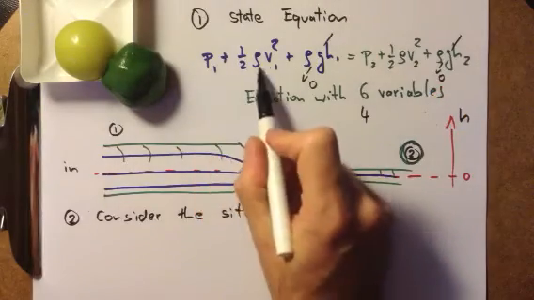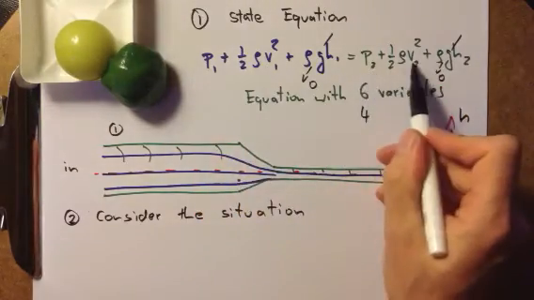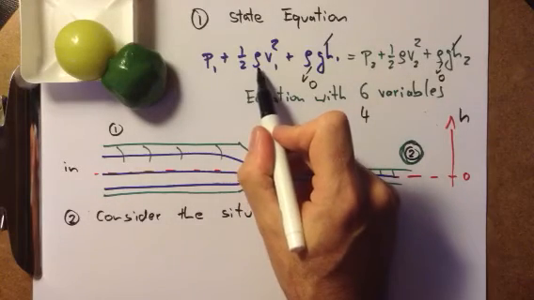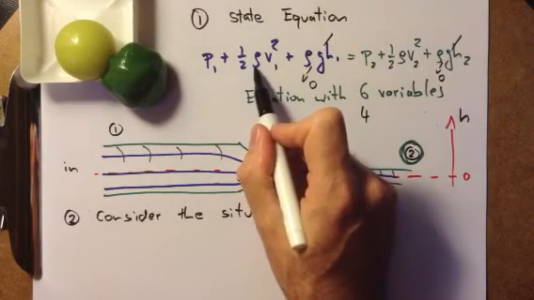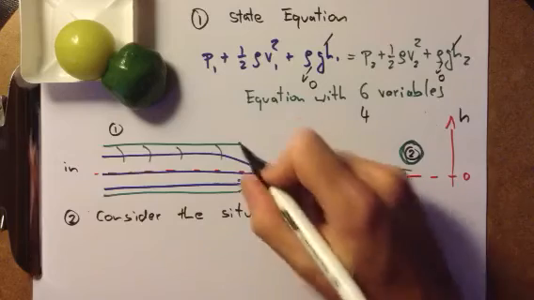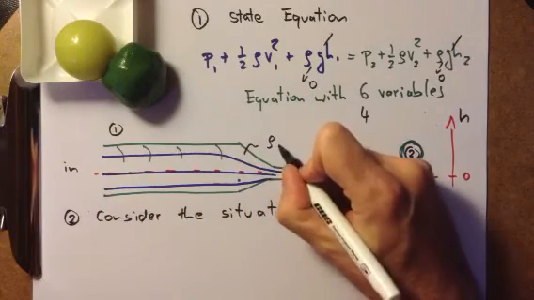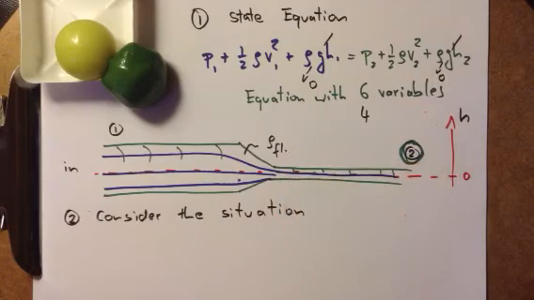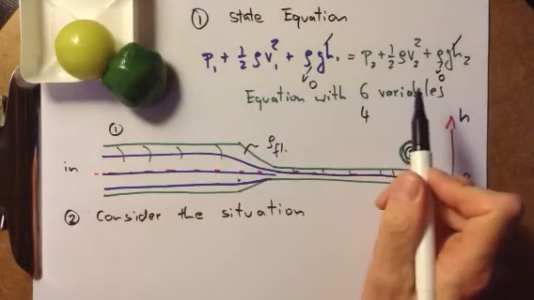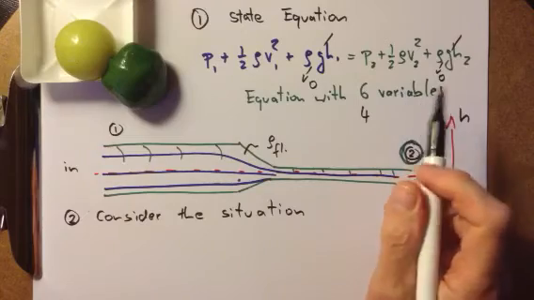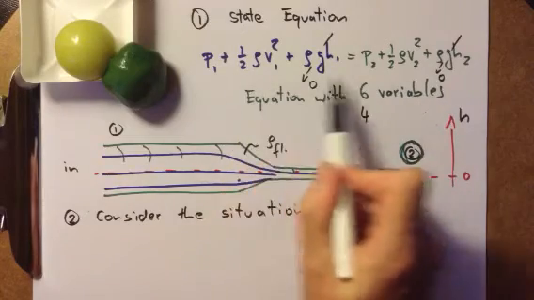Yeah, P1, V1, P2, V2. The density, of course, is also unknown unless you know what the fluid is, but that's often the case. So you need to know what the fluid is and look up the density. Now we've still got 4 variables, and we can only solve it if we know 3 more of those.